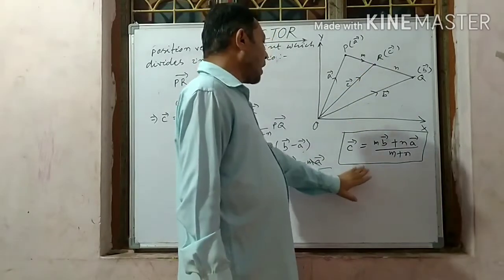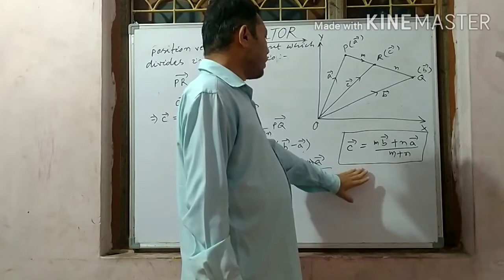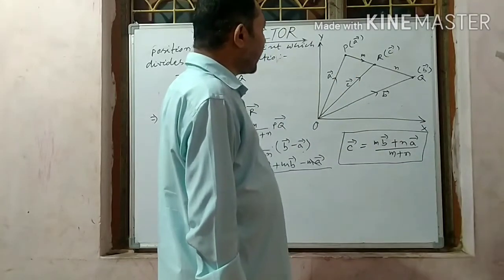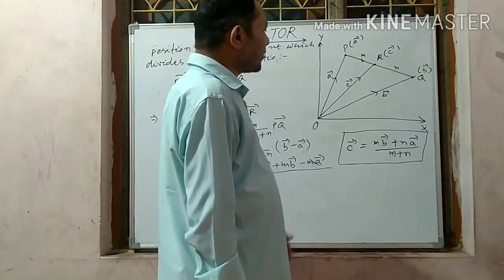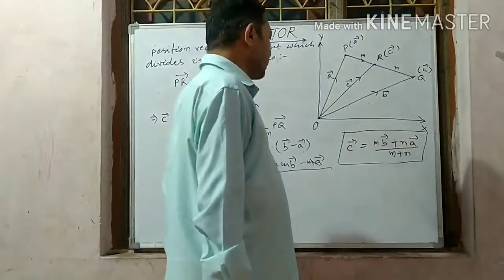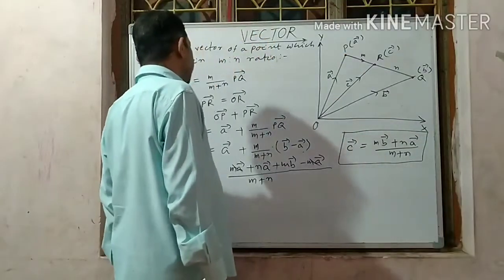So this is the formula you should remember to find out the position vector of a point which divides a line segment or a vector in certain ratio, that is m is to n.